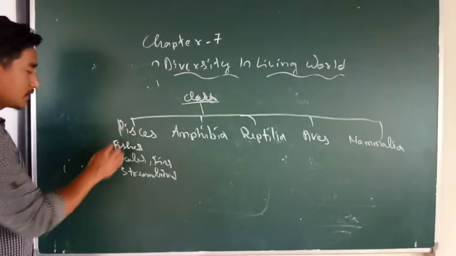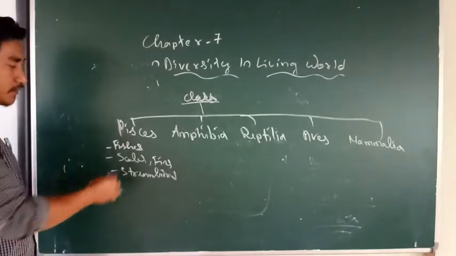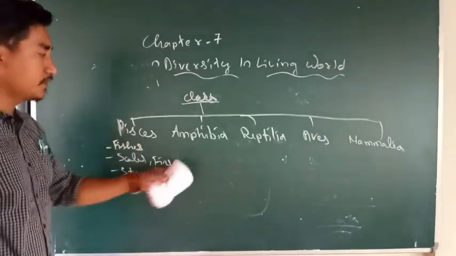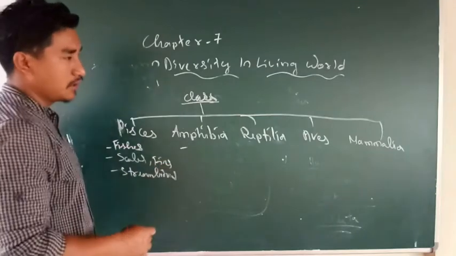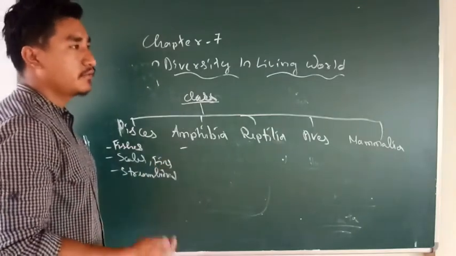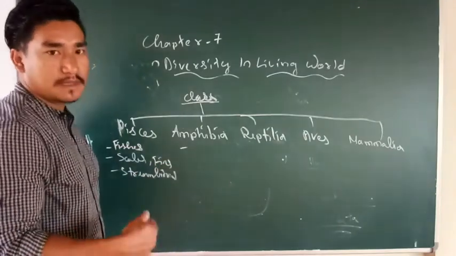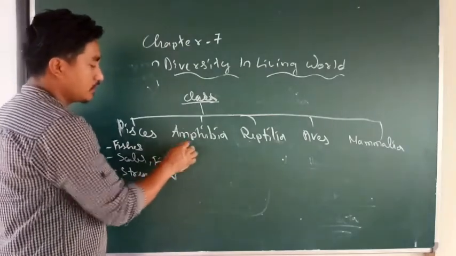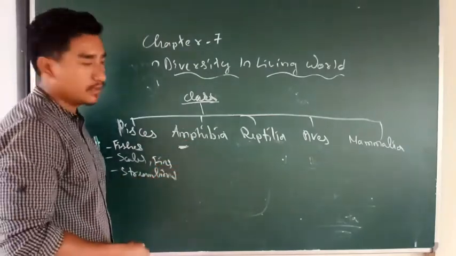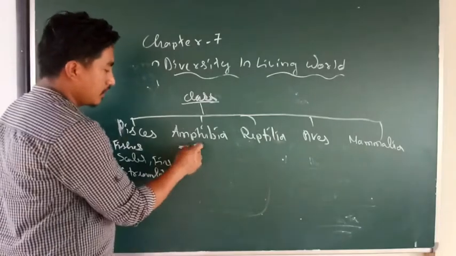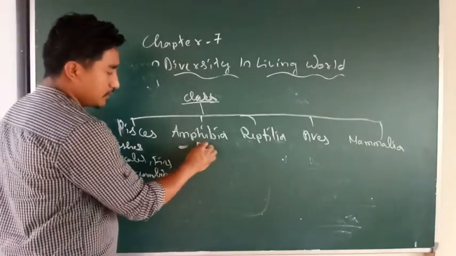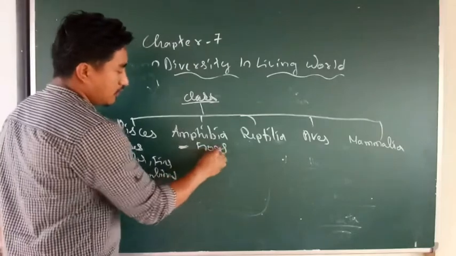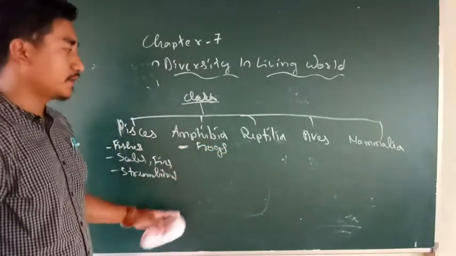So these are some of the characteristics and examples of class Pisces. Amphibians include the organisms which can survive both on land and on water. Frogs are examples of amphibians.